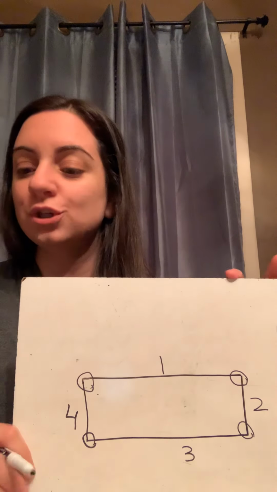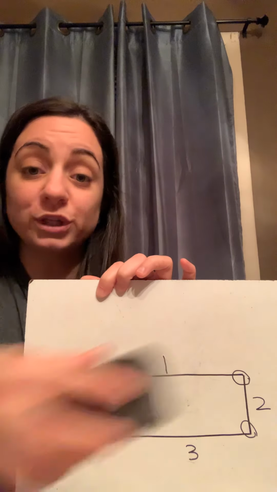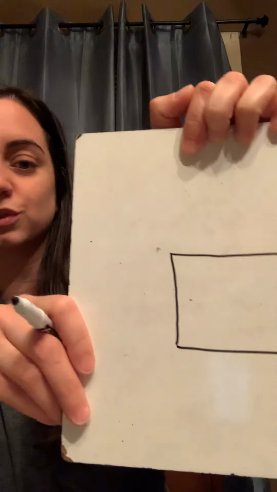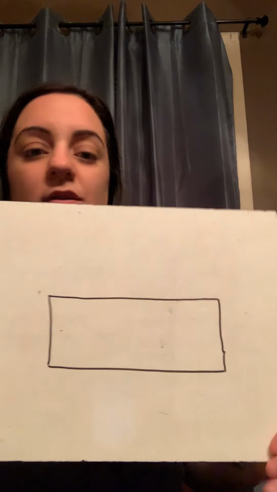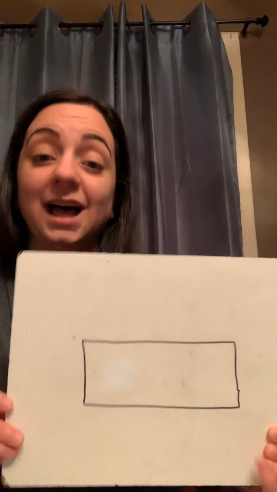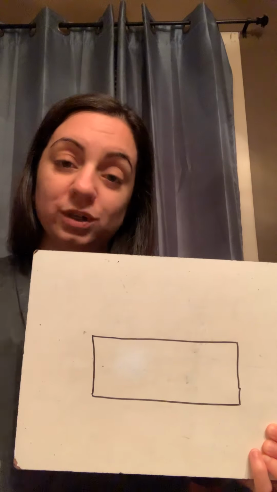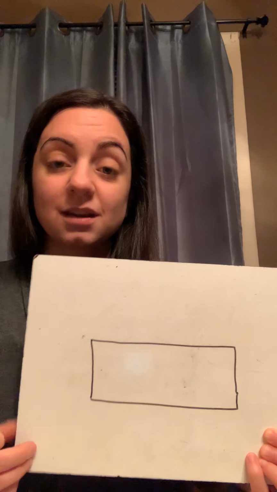Now, I want you to notice something about the corners of the rectangle. So I'm going to erase this one, and I'm going to draw it again. I want you to take a close look at the corners. The corners look like the letter L or a backwards letter L, right?